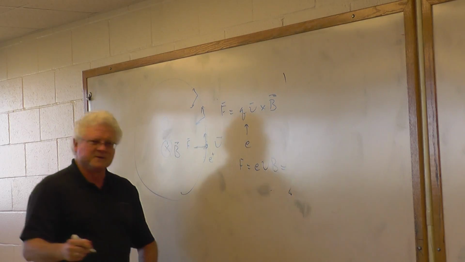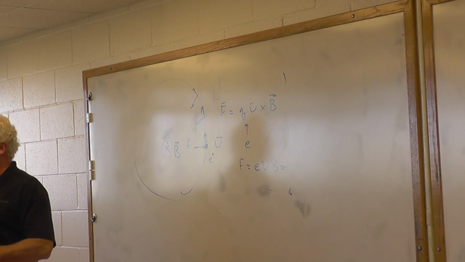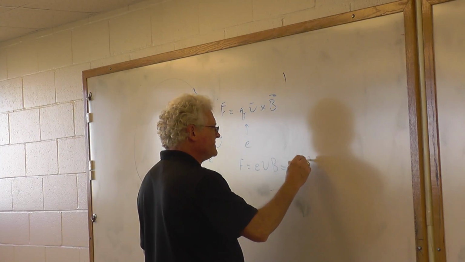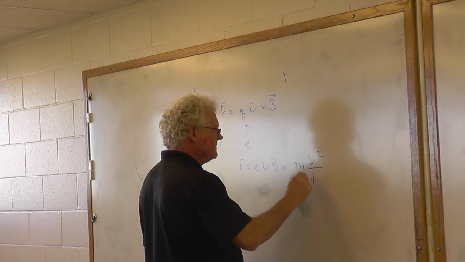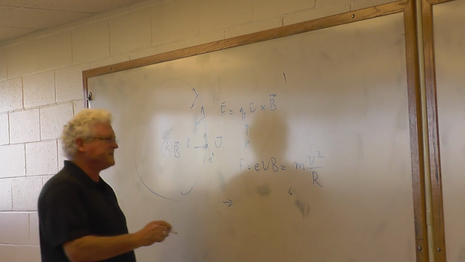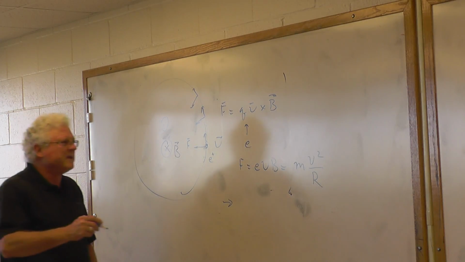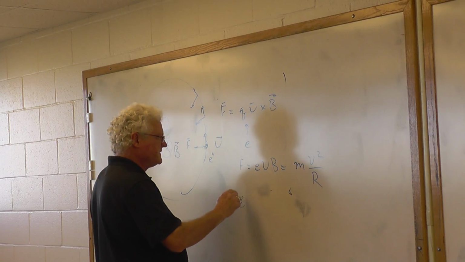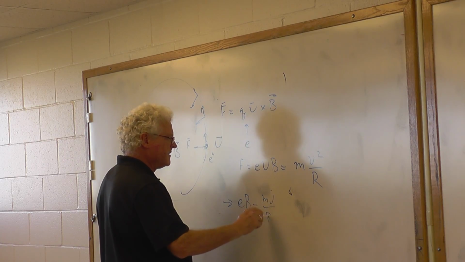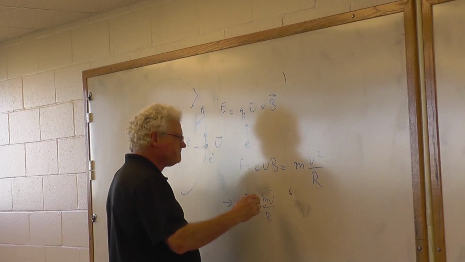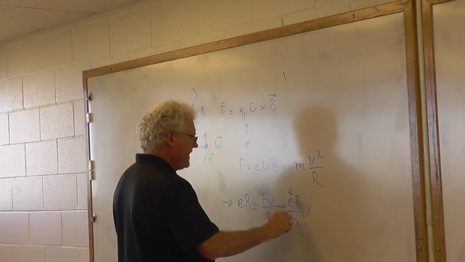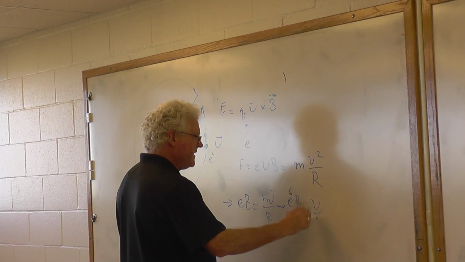Setting that equal to MA, where the centripetal acceleration is V squared over the radius of curvature, we find EVB is equal to MV squared over R. Or we can say, EVB over M is equal to V over R.